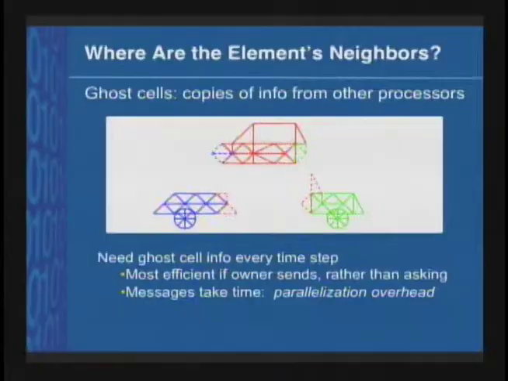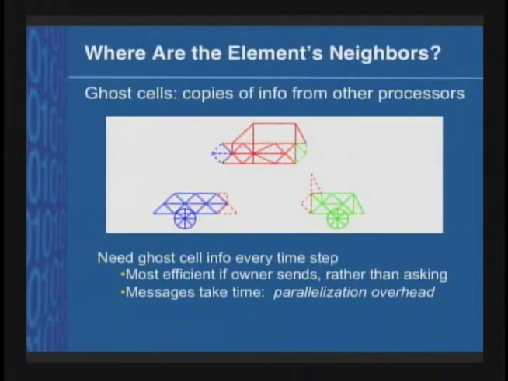So again, you don't have them all. For example, the blue processor there shares a boundary with the red processor. Red actually shares with both blue and green. So for the blue processor, it needs the data from the red processor about the neighbors of the things that the blue processor is responsible for.